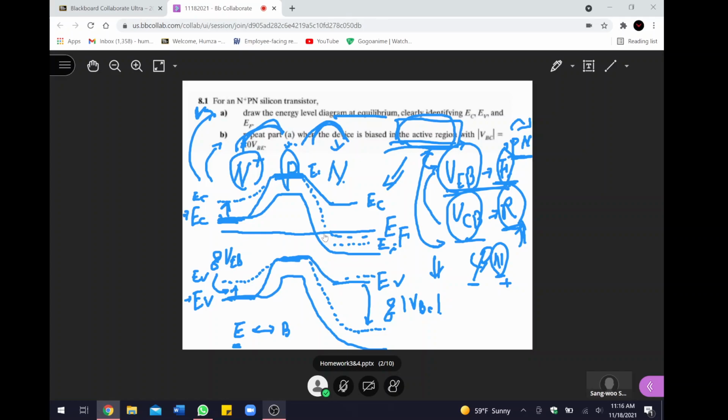If you apply the forward bias between emitter and base, the meaning of the forward bias is that the base, which is a P, is at a higher potential than the emitter side. Is that just because of the charge in general? Because it's an N plus P? No, that's the definition. We always have the p-n junction.